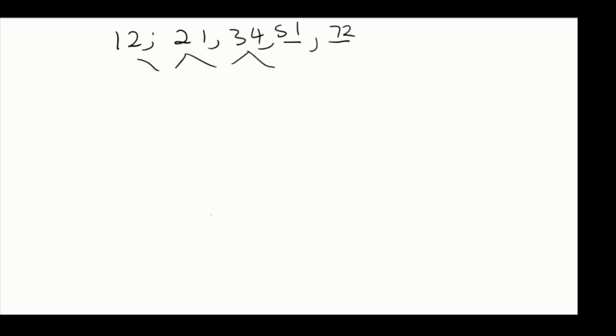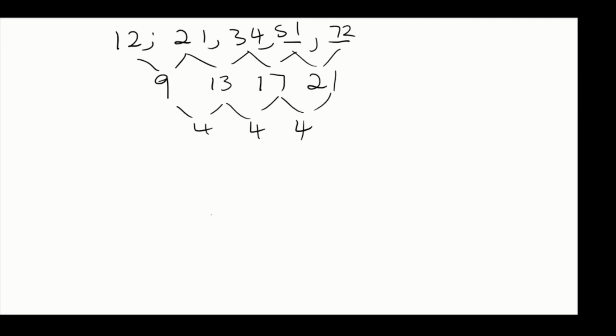The differences between these terms here are 9, 13, 17, and 21. So we know that the second difference is constant, which is 4. To find our formula, we say this is equal to 2a. So 2a is equal to 4. Divide by 2 on both sides. We're going to have a being equal to 2.